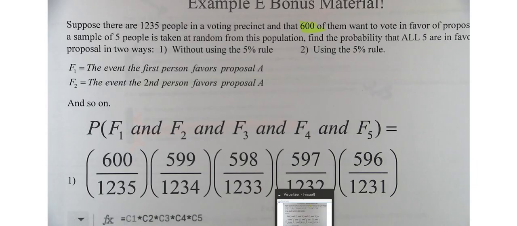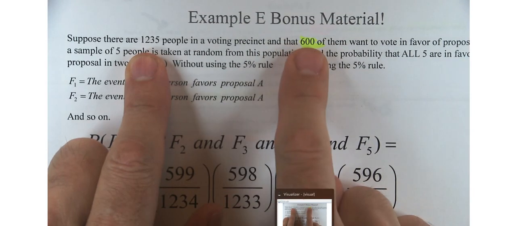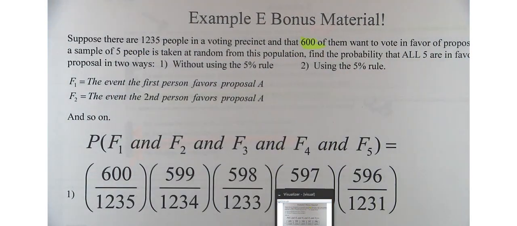Now, with this kind of sampling, if I'm sampling these people without replacement, is that going to lead to independent events or dependent events? I got one lonely voice. If you're sampling without replacement, dependent.